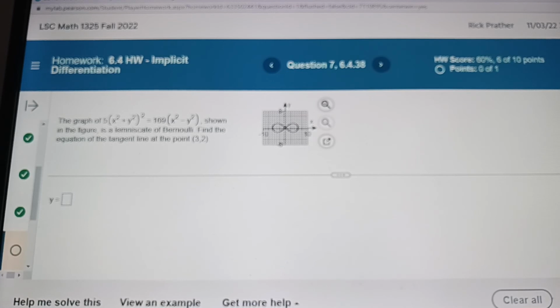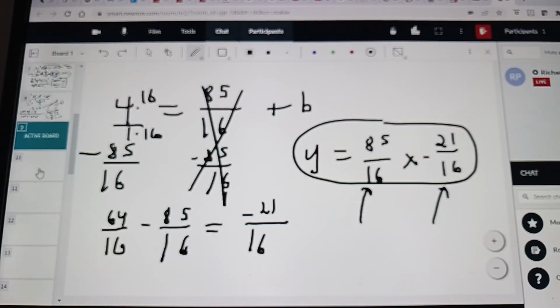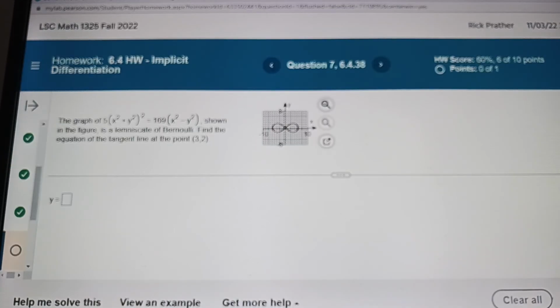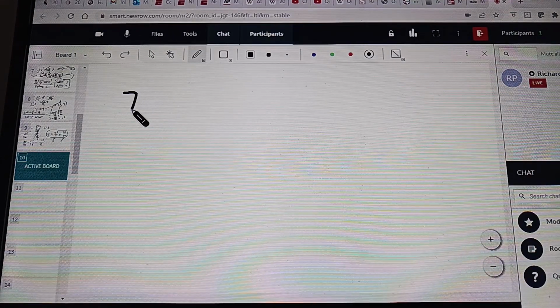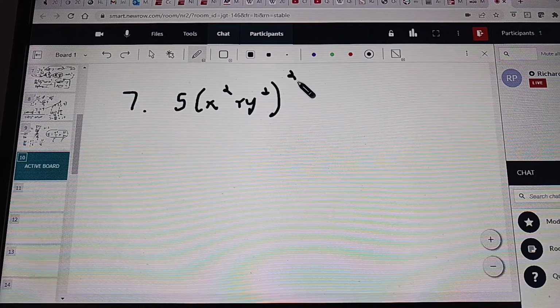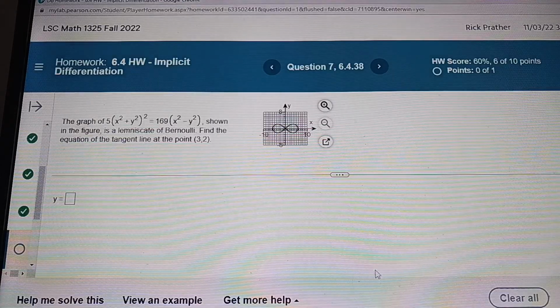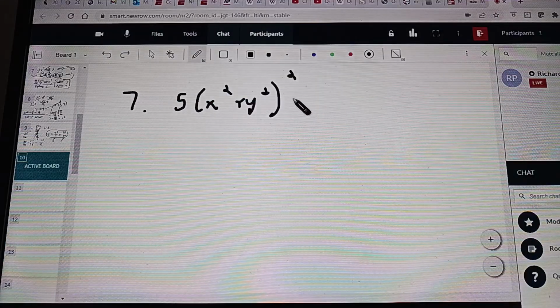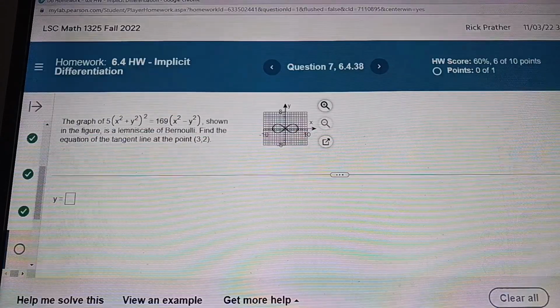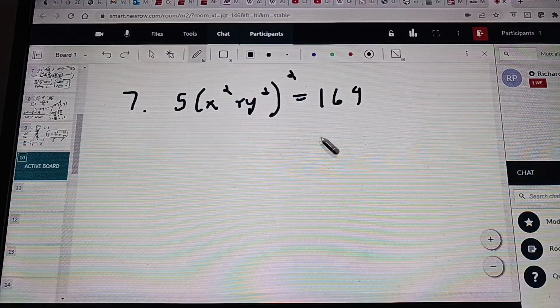Okay, so I just need to do this derivative first, implicit differentiation. We are on number 7. 5 times (x squared plus y squared) squared equals 169 times (x squared minus y squared).